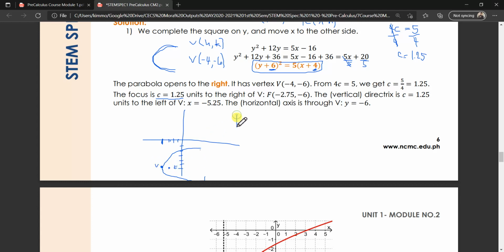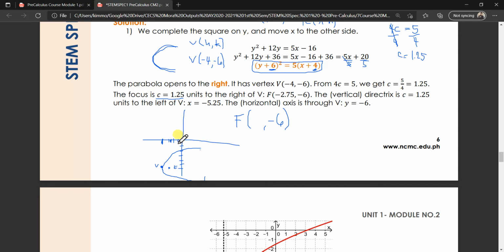So our focus is also located at negative 6. What differs is our x coordinate, because it is located here.